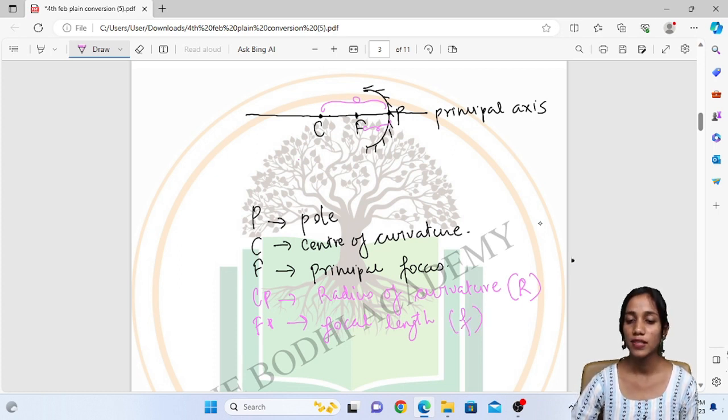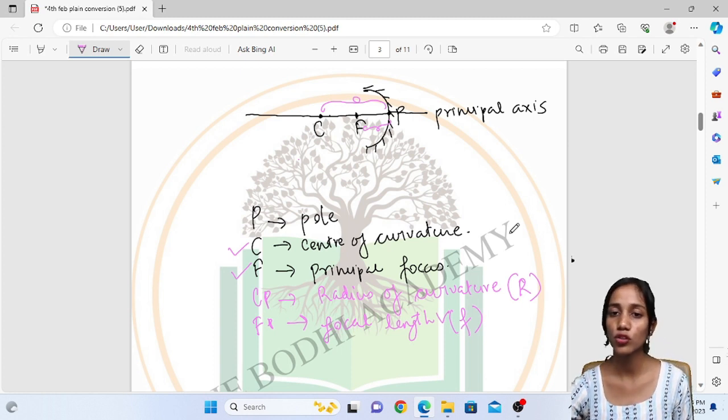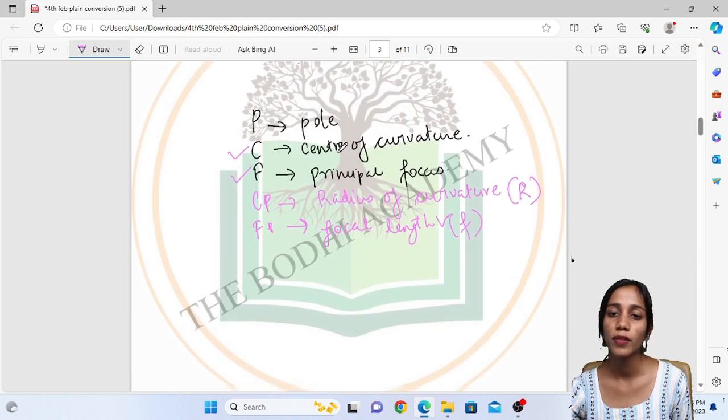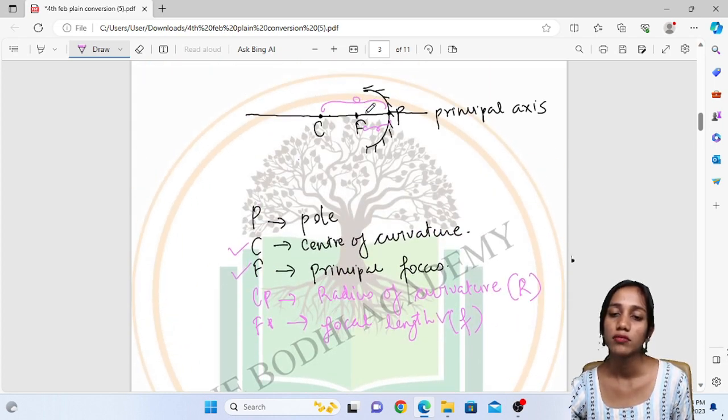The principal focus is given by the capital letter F, and the center of curvature by the capital letter C. We know that the focus lies at the midpoint, so from here we can say that the radius of curvature, this full distance, is twice the focal length. This is the focal length and this is the radius of curvature.